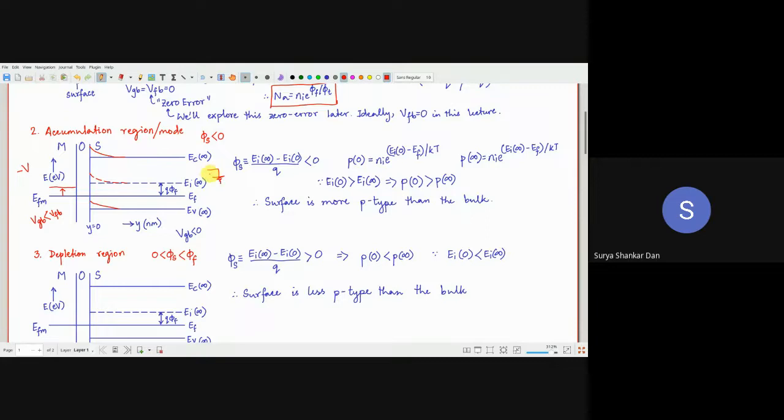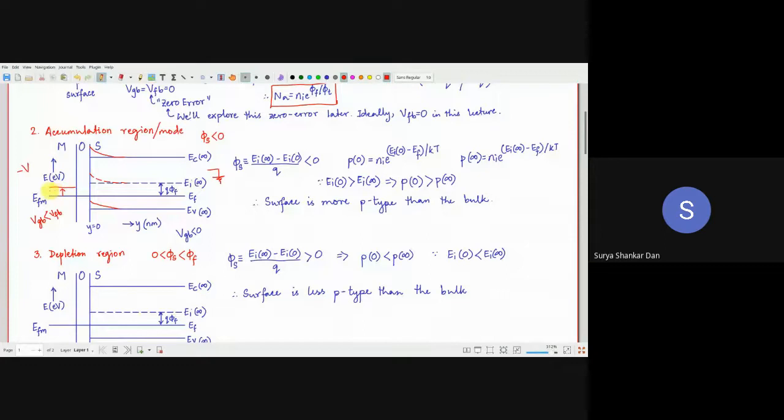Okay. Sir, please explain the physical interpretation of conduction band bending. Basically, why is it bending upwards? Because all the energy levels, if you see the amount, it has shifted over here.